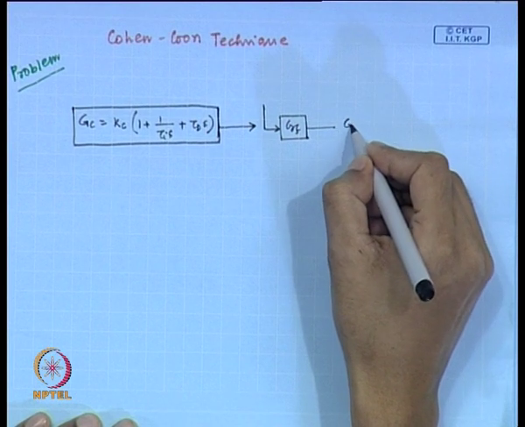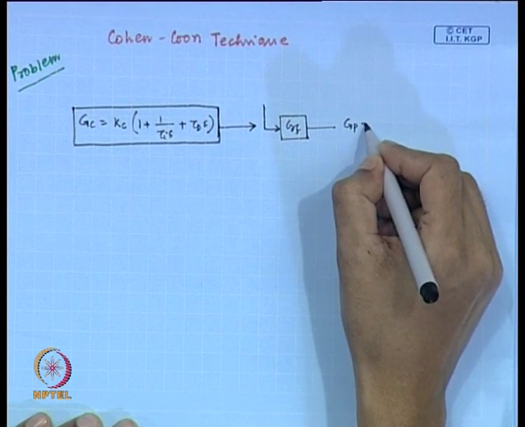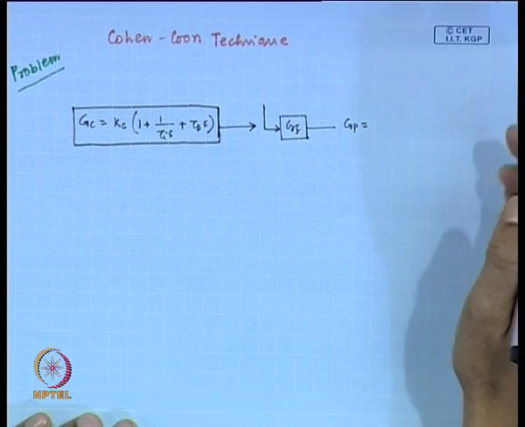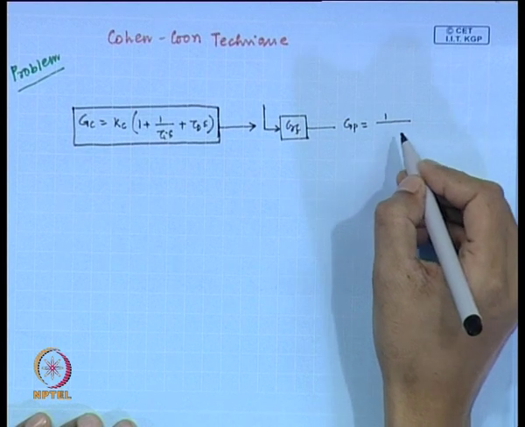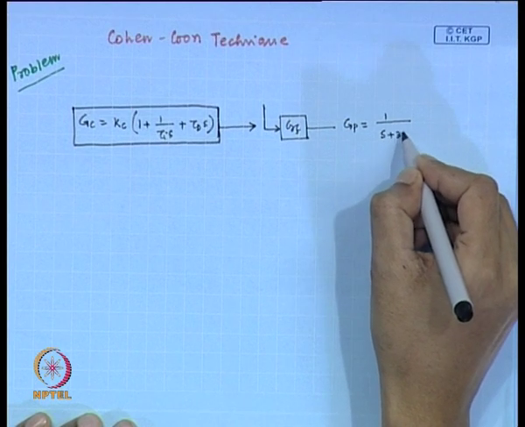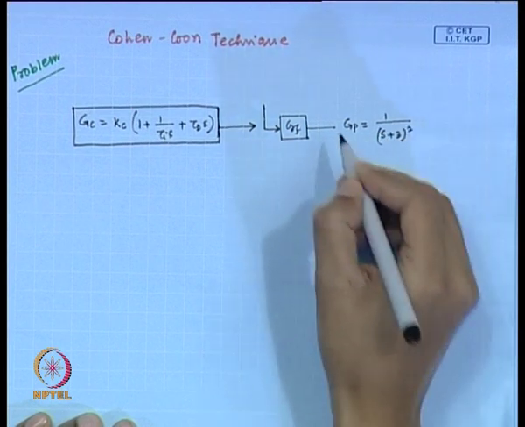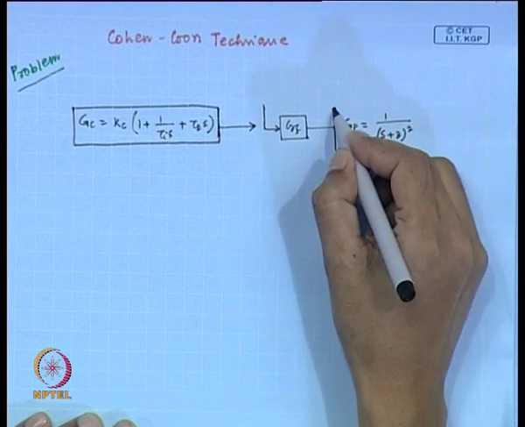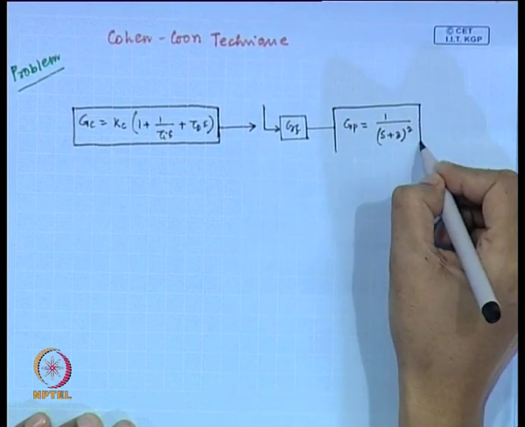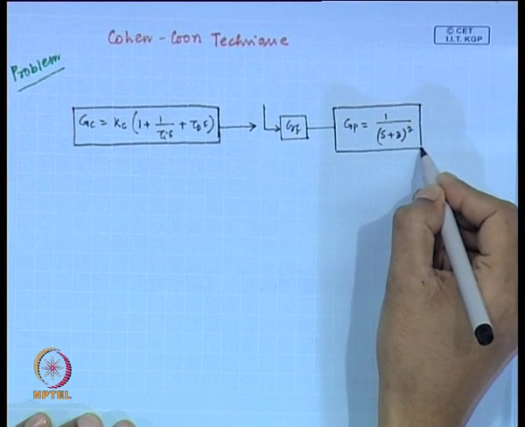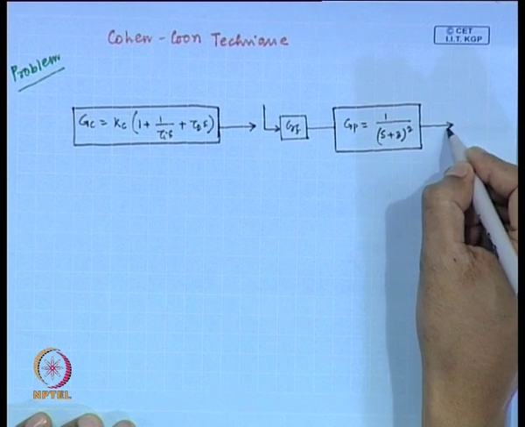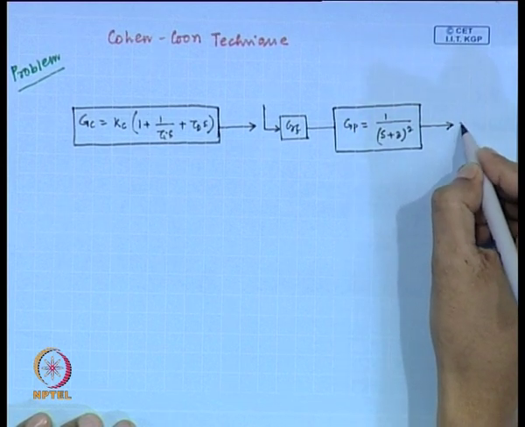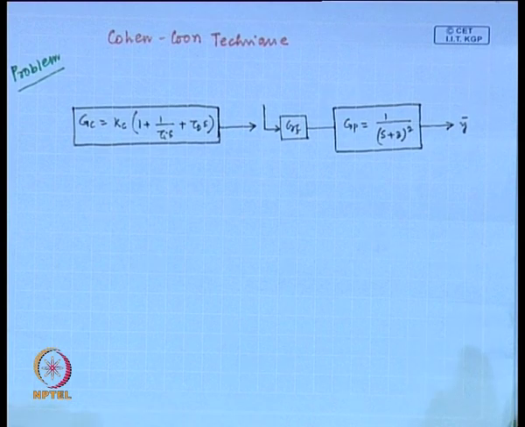Then the final control element output goes to the process having the transfer function Gp equals 1 divided by (s plus 3) whole square. This is the transfer function of the process. Output of this block is y bar.